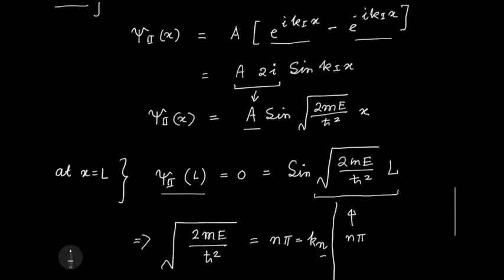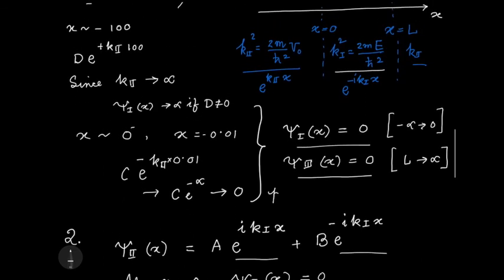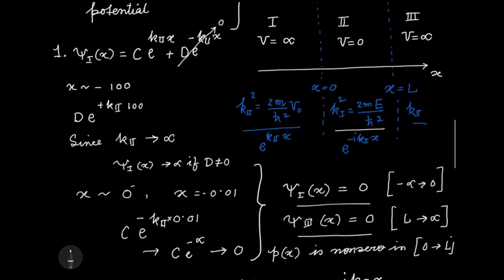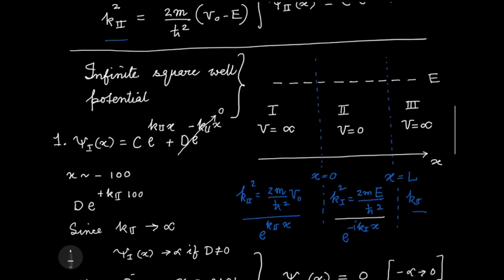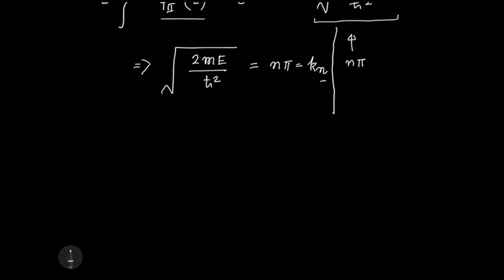So P of x is non-zero in x equals 0 to L only. Outside it is 0. So these states are called bound states, because the probability of finding the particle is always within these regions.